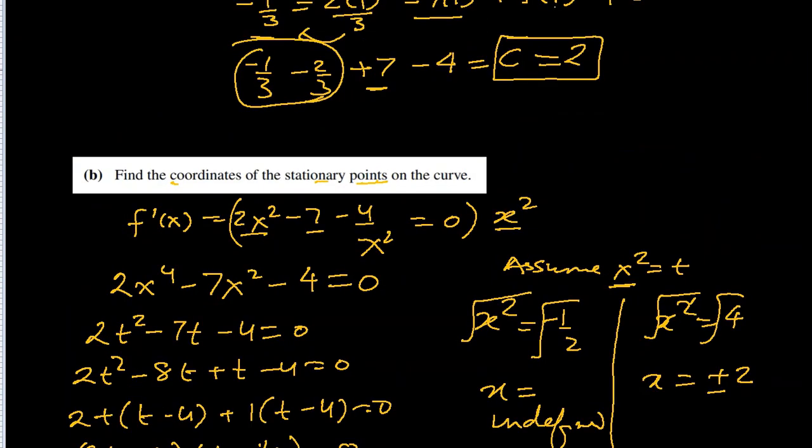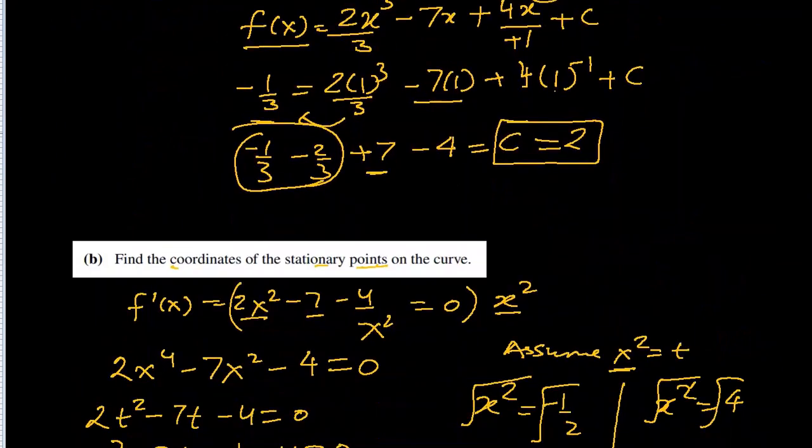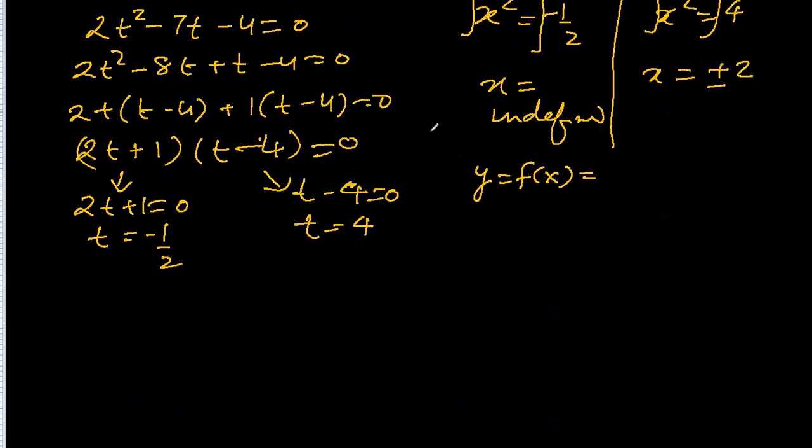So that was 2x cubed over 3 minus 7x plus 4 over x plus 2.